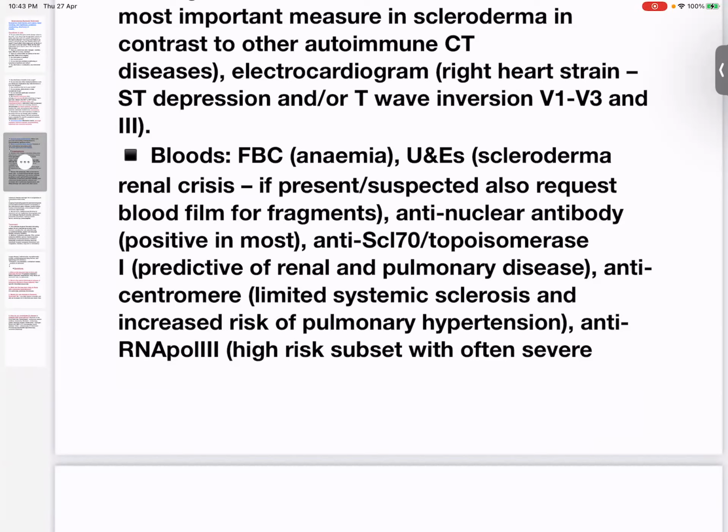This makes it connective tissue disease. Check for SCL70, specific for systemic sclerosis, and anti-centromere. This is specific for limited systemic sclerosis or CREST. What is CREST? C for calcinosis, R for Raynaud's phenomenon, E for esophageal dysmotility, S for sclerodactyly, and T for telangiectasia.